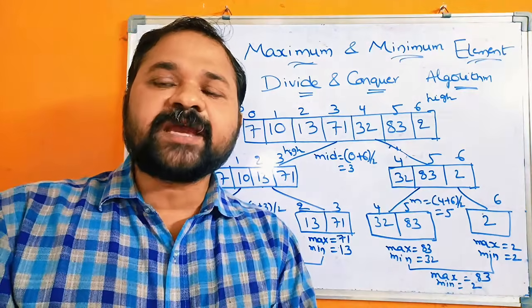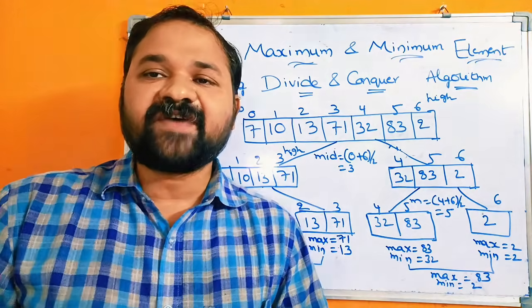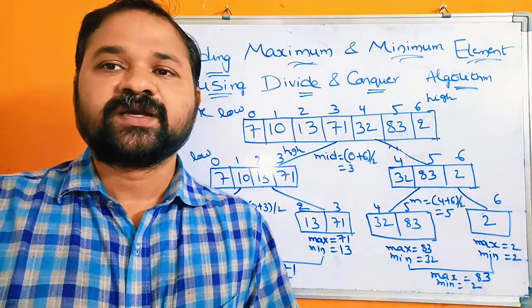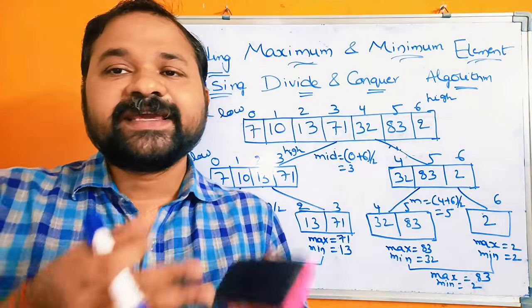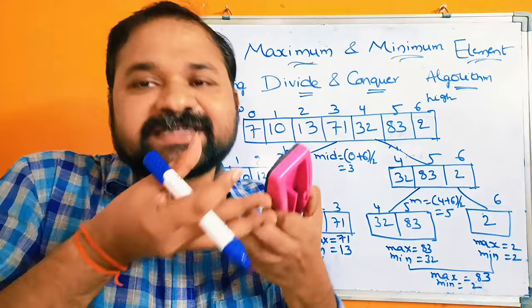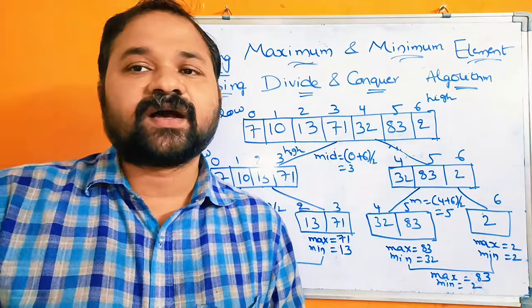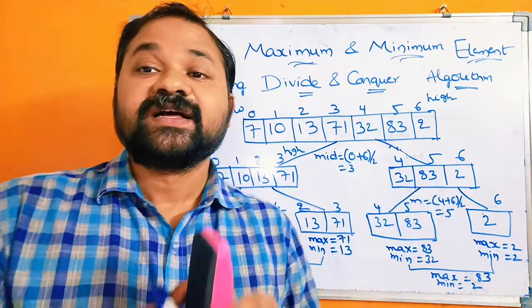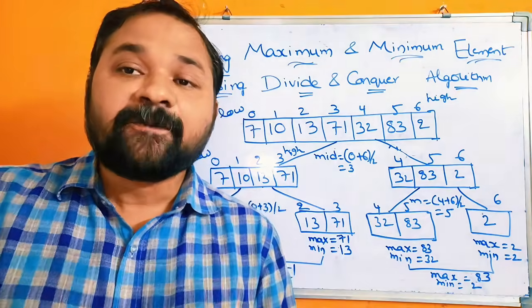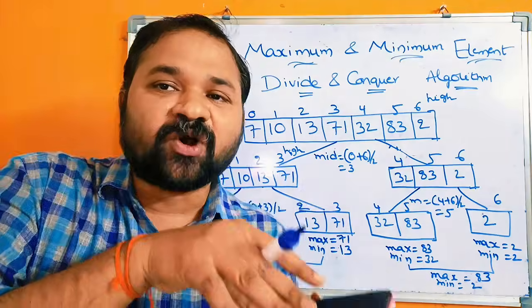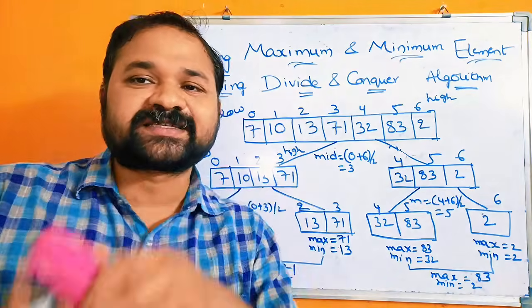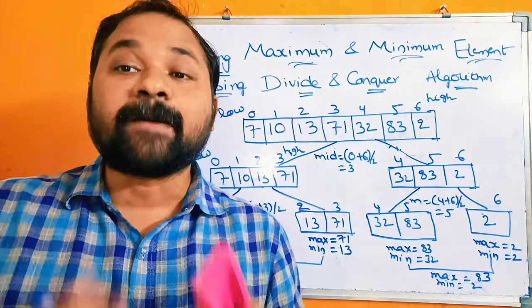In divide step, the given array is divided into two parts. In conquer step, each subproblem, each sublist, is solved recursively. In combine step, the solutions of the subproblems, sublists are merged or combined.